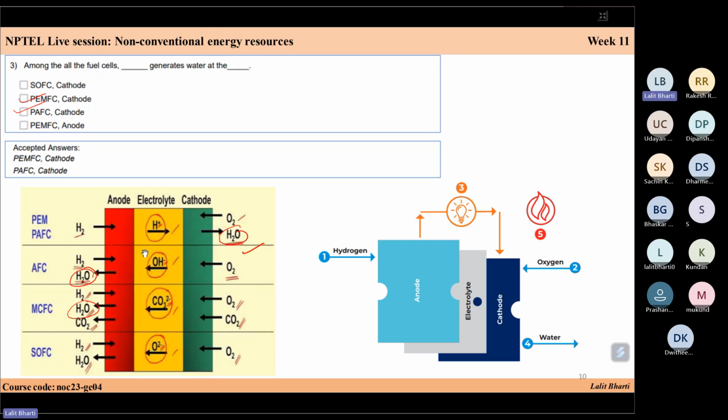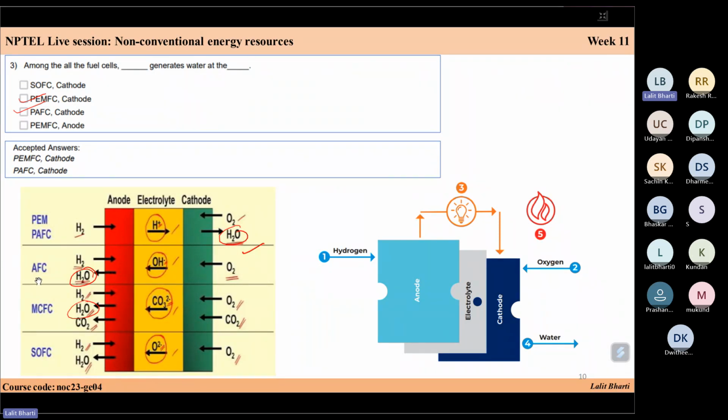So be careful which ion is moving in the electrolyte, either H plus or OH minus, and it depends on which kind of technology you are using. Either these are oxide based or carbonate based. MCFC means these are carbonate based.